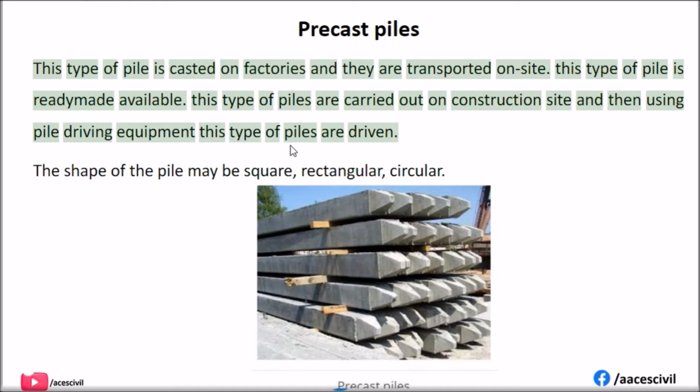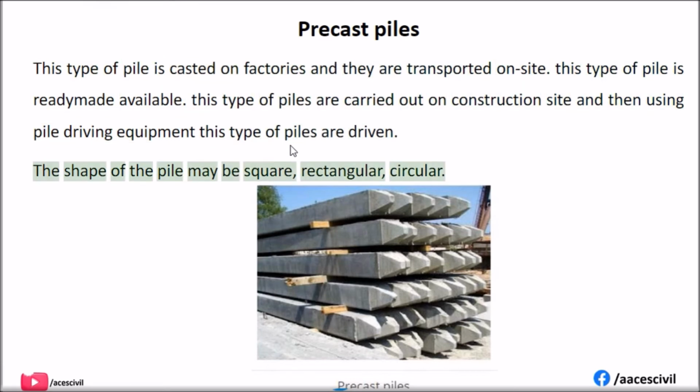This type of pile is ready-made available. This type of pile is carried to construction site and then driven using pile driving equipment. The shape of the pile may be square, rectangular, circular.